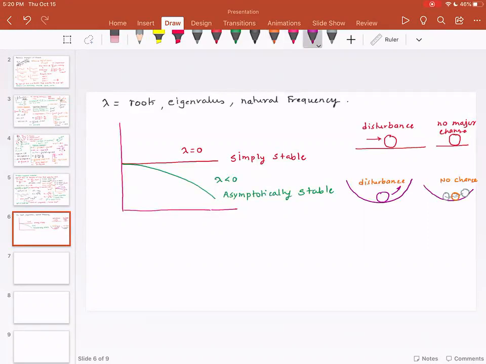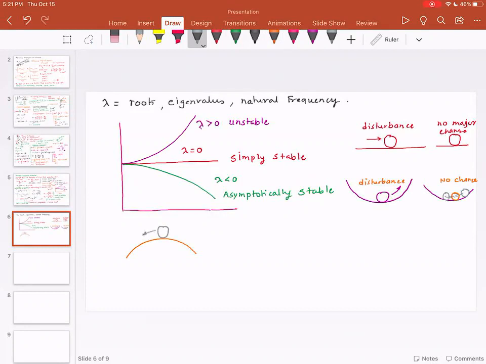And now you have lambda greater than 0. This system is called unstable. Let me give you an example of an unstable system. Consider that you have a ball on the bowl on the opposite side, upside down.